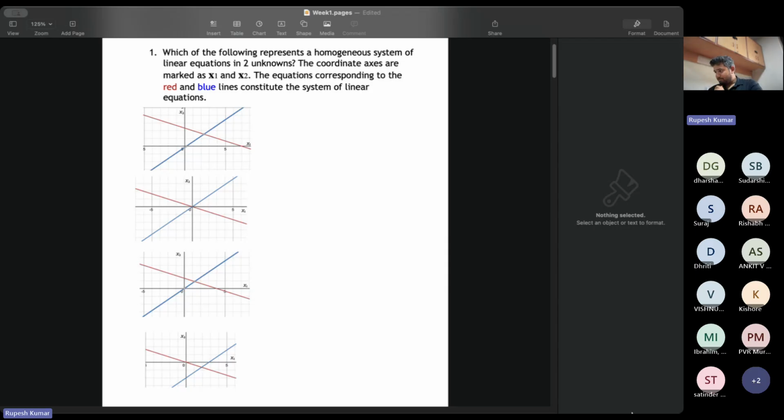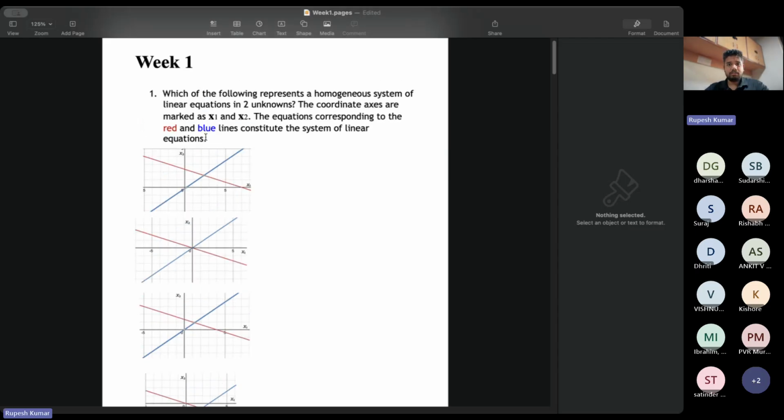Yeah, right. Option two, because they intersect at zero. Option B, second graph, yes, because of y equals mx. Fine, your answers seem correct.